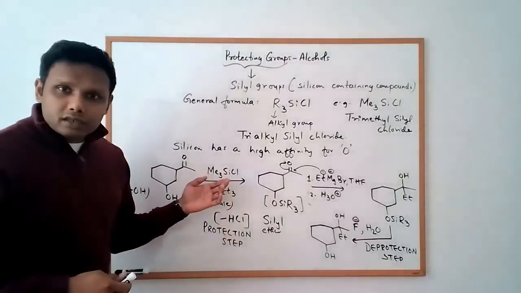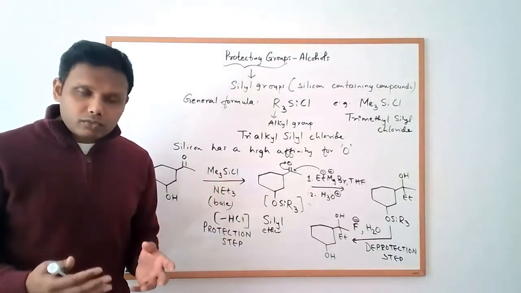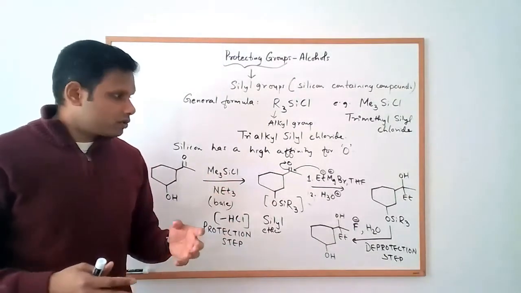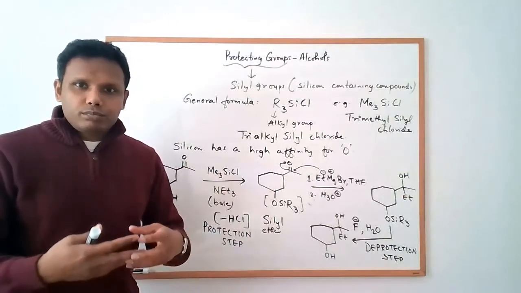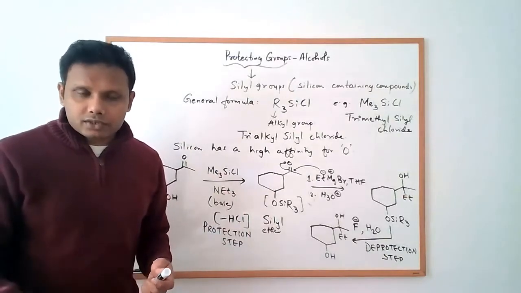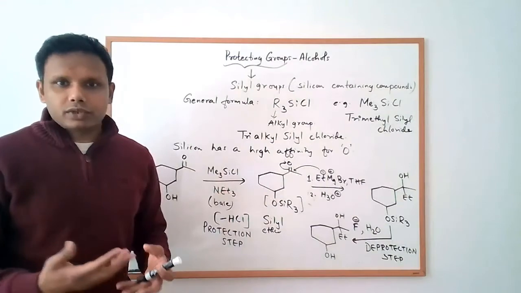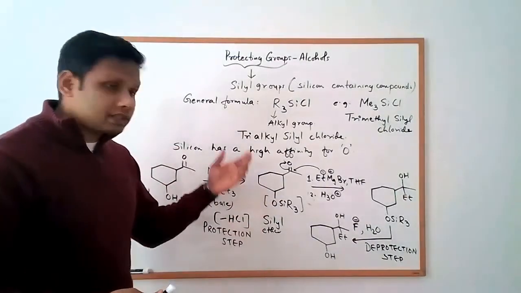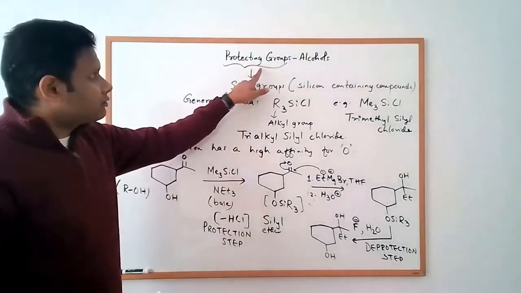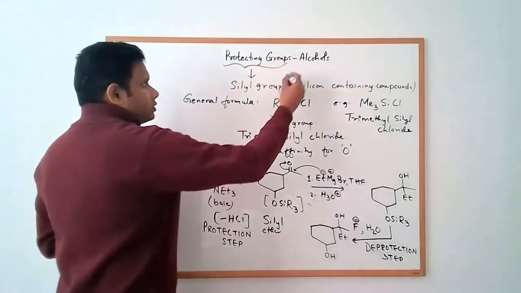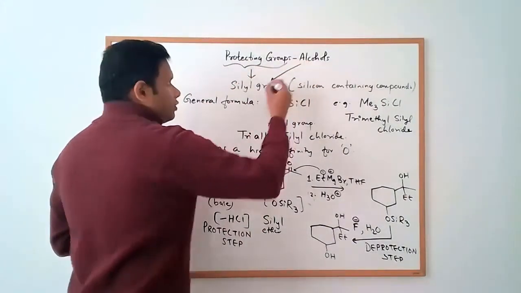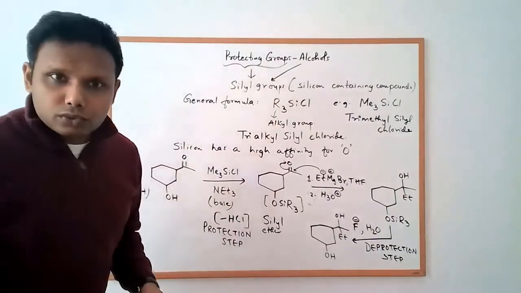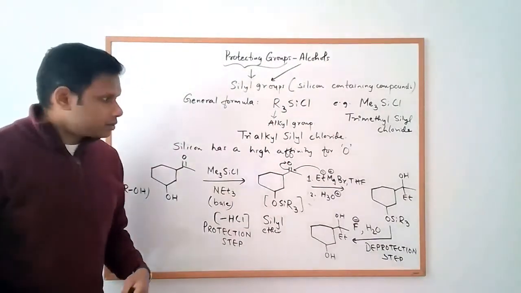But the silyl protection is not a universal protecting group. It won't work for any functional group where there are hydrogens present. There are different protecting groups for different functional groups. The silyl protecting group is specific for alcohols.